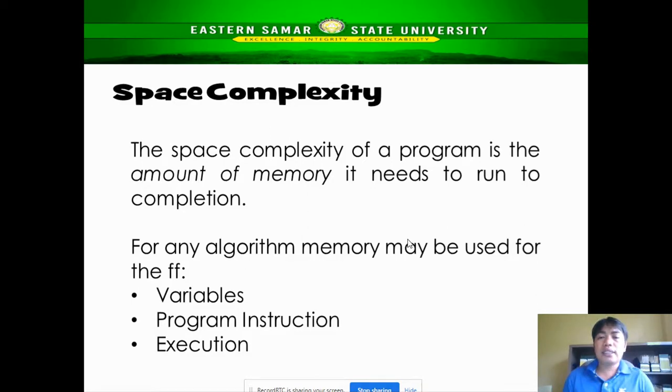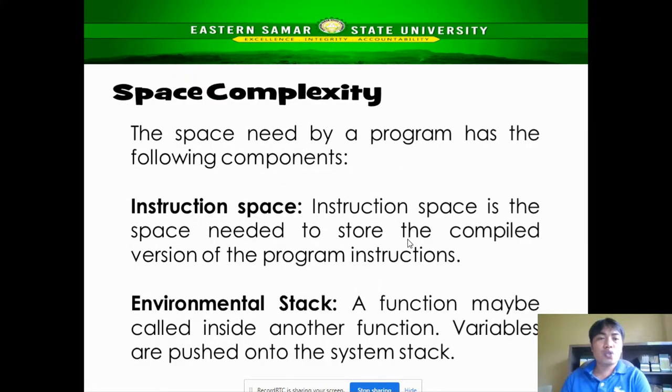Ada natin makukuha iton space complexity on the variables, program instruction, and execution. Okay? Instruction space, and iya components. So instruction space is the space needed to store the compiled version of the program instruction. Okay? And my instructions, for example, return, print, ano pa, cin, ganyan.